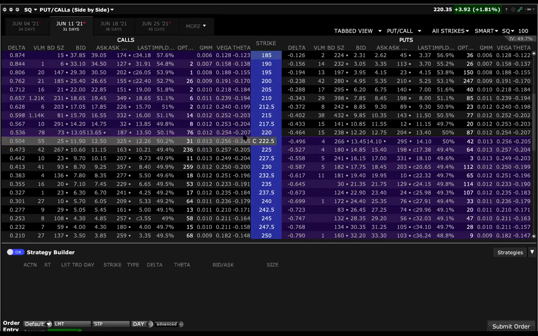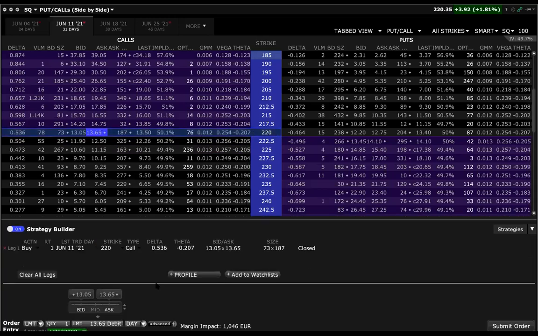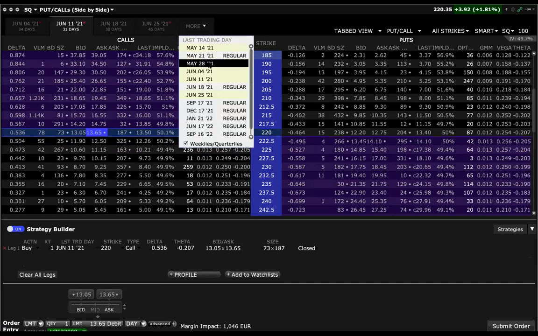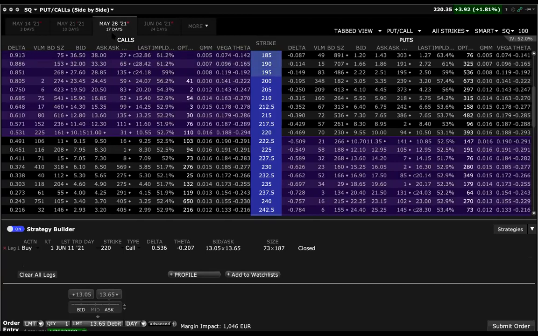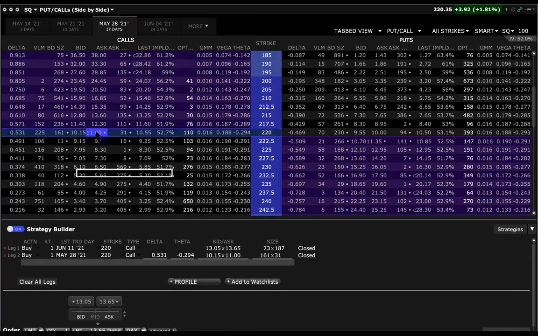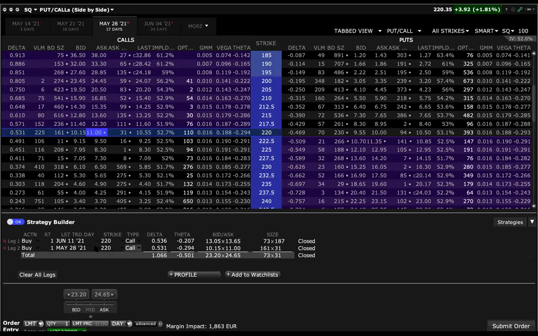For example, if I go for the 220 call, I will add it here. So here I have the theta, and I compare it to the one expiring, for example, after 2 weeks, 220. You see here that the one expiring in June has $20. Here it means that every passing day we are losing minus 0.20, multiplied by 100, because one option is set on 100 shares.